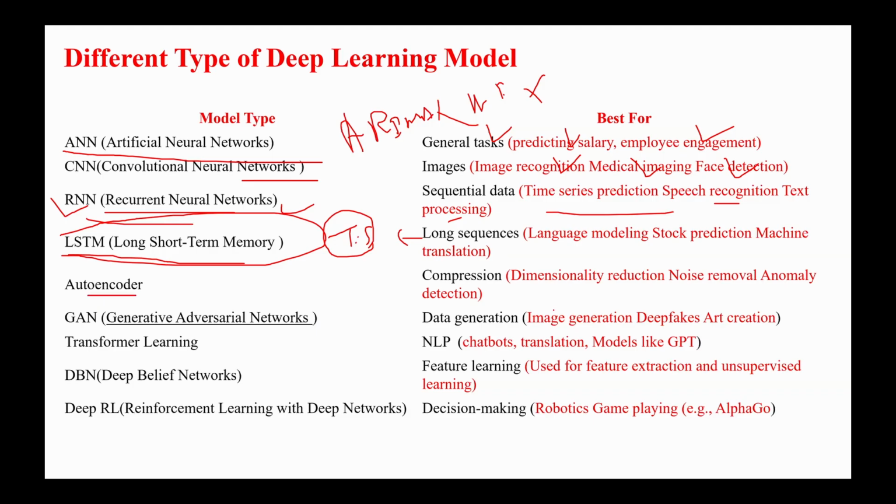Similarly, the autoencoder is basically a compression technique, used for dimensionality reduction, noise removal, and anomaly detection. Similarly, the generative adversarial network, the GAN model, will work for image generation, deepfakes, and art creation. Now, in your mobile, face detection is there.